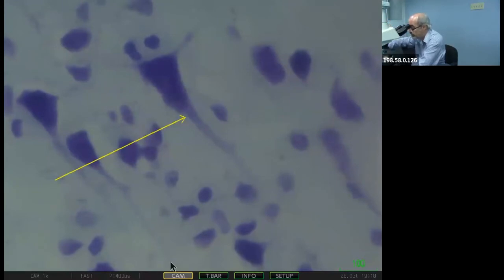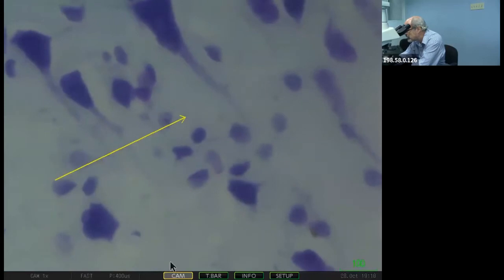Here we are in the fifth layer, okay? So your apical dendrite will climb towards the first layer, and you will have some synapses with all the cells which are located in the first layer.